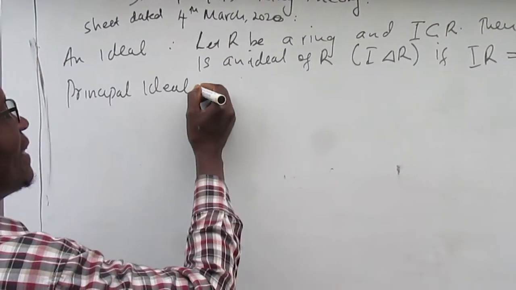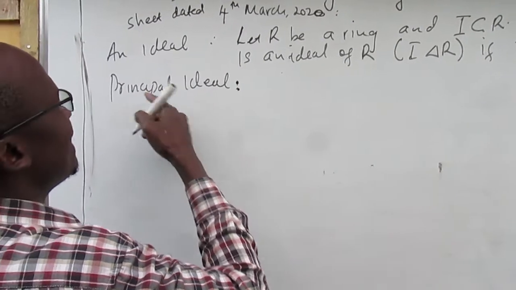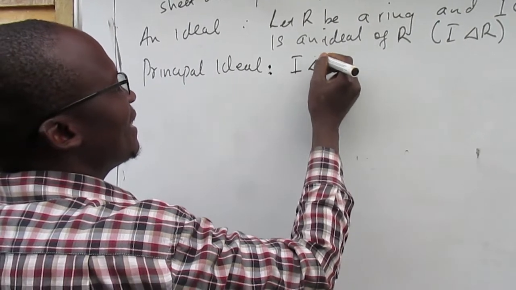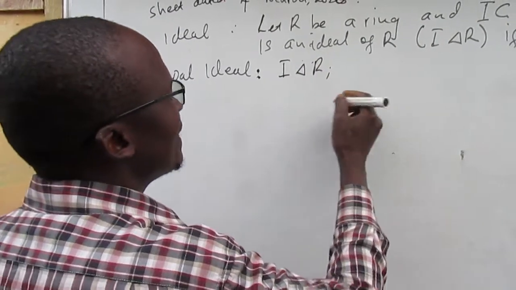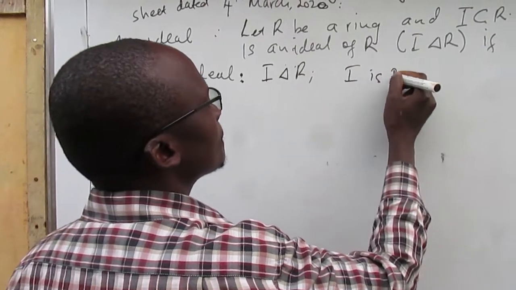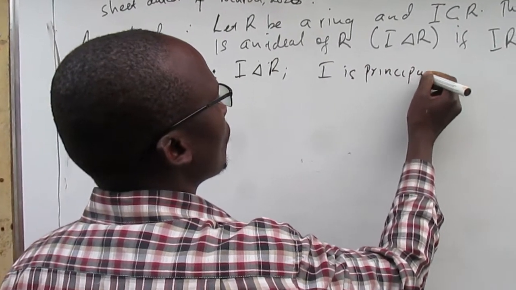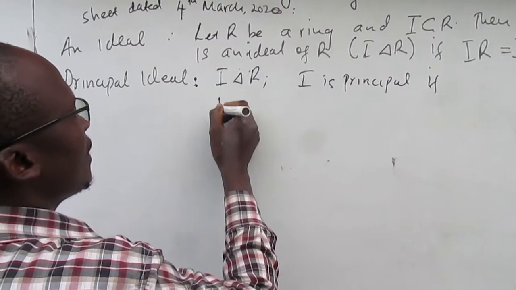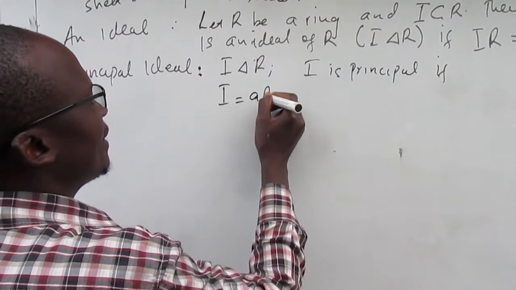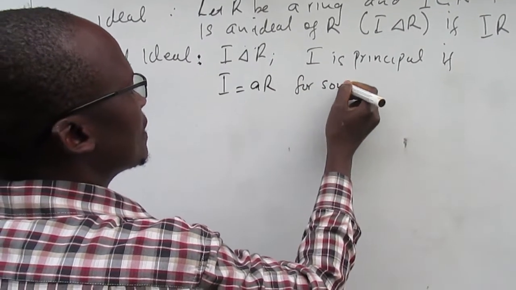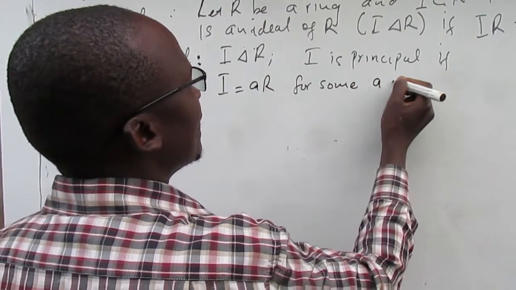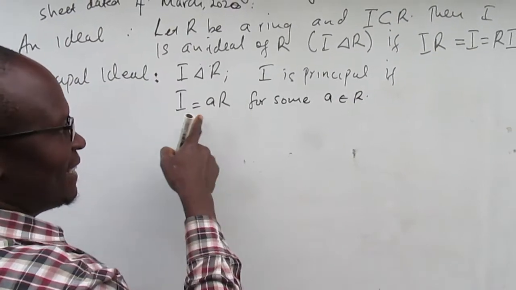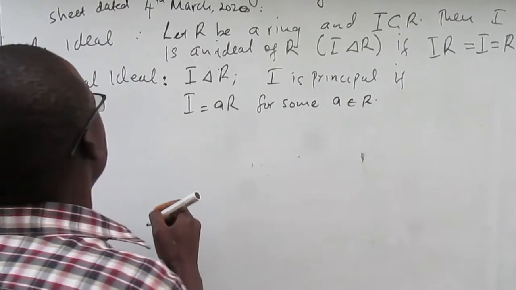Given an ideal I of R, we say that I is principal if I is equal to AR for some A inside R. In other words, this ideal I is generated by a single element.